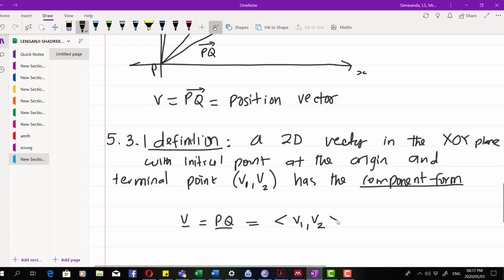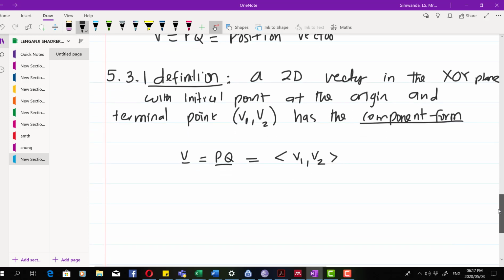But this time around, we're not using circular brackets. We're using angular brackets to represent that we are now writing a vector, not a point. We're not just writing some coordinates, but now we are writing a vector. So remember, don't forget the notation. These are angle brackets, and that's what we use for representing vectors. Okay.